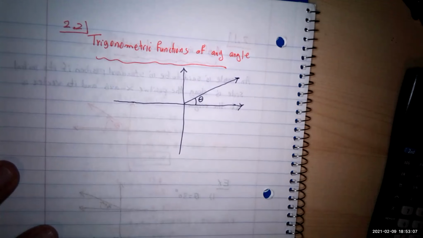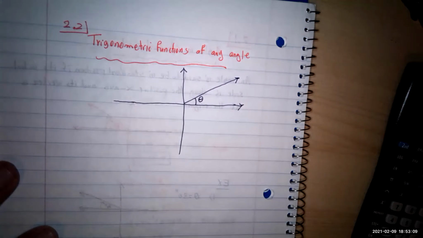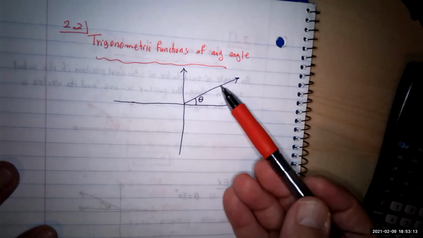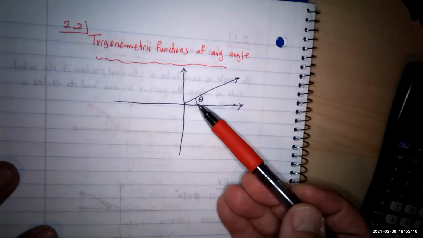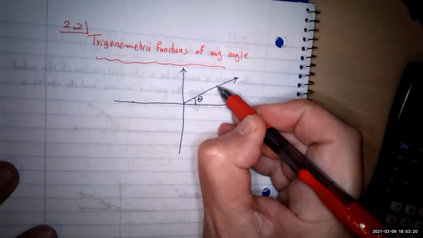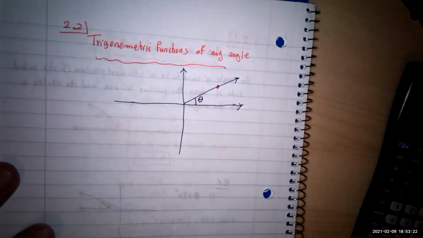In order to get the six trigonometric functions, just pick any point you like on the terminal side of this angle. It's optional, but here we are in the first quadrant.